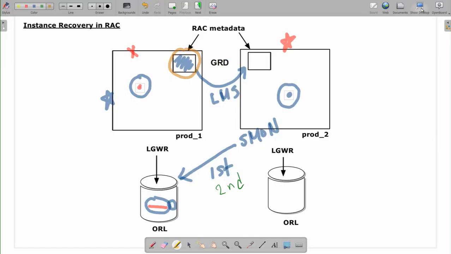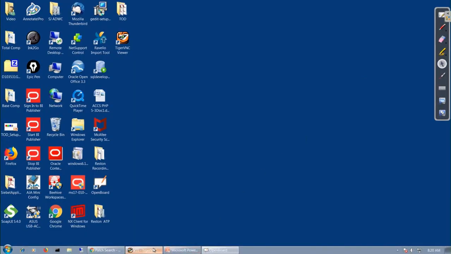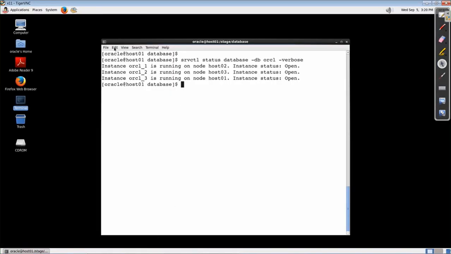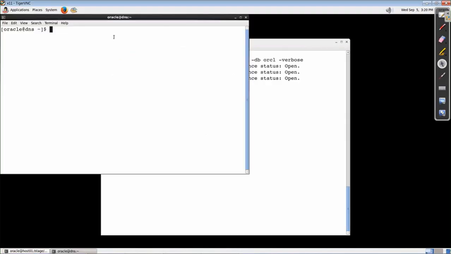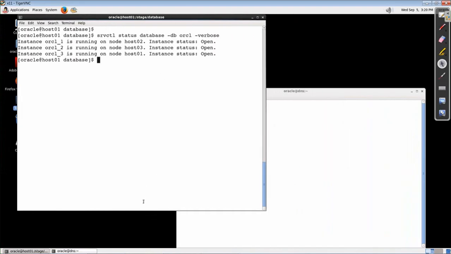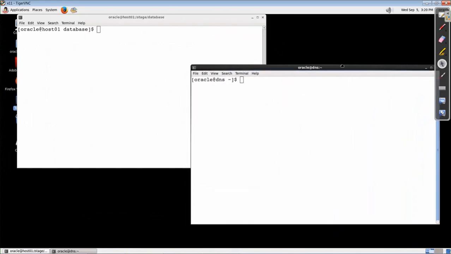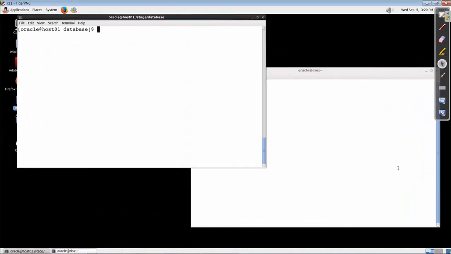And then what I'm going to do is show you a simple demonstration. Okay. So here we have two terminals. Let's see here.